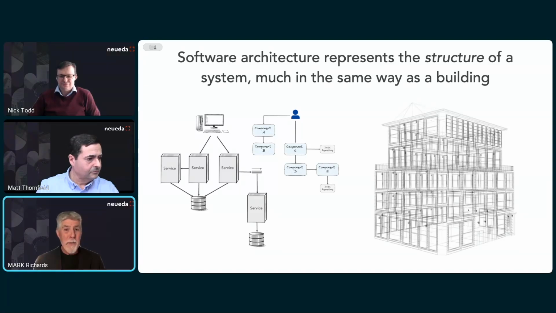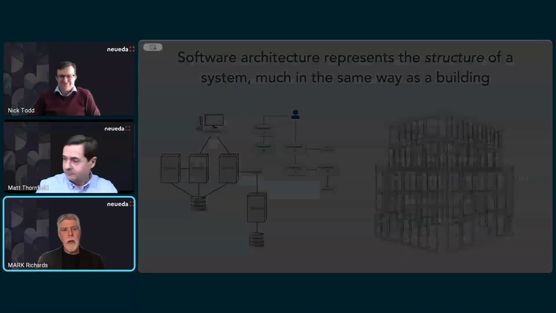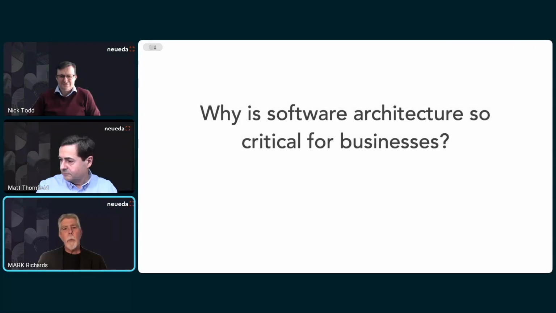However, in this little short teach it part, I'm going to show you why this metaphor, while good to describe software architecture, tends to fall apart and where it falls apart. The first thing I want to talk about is why software architecture is so critical for businesses.